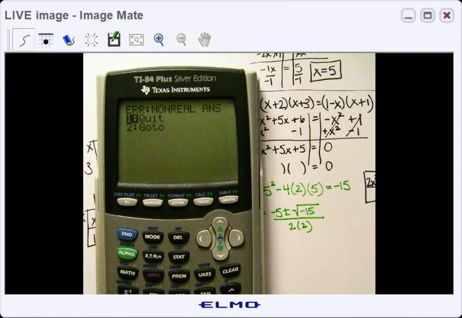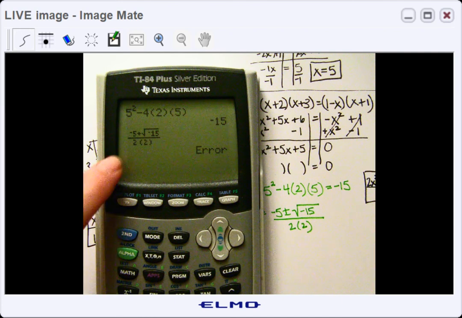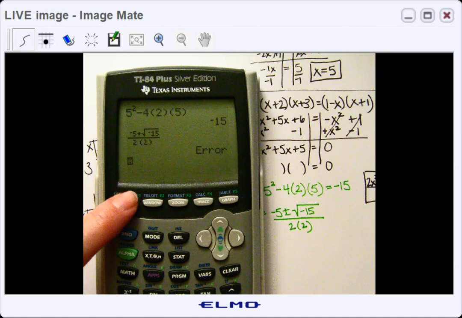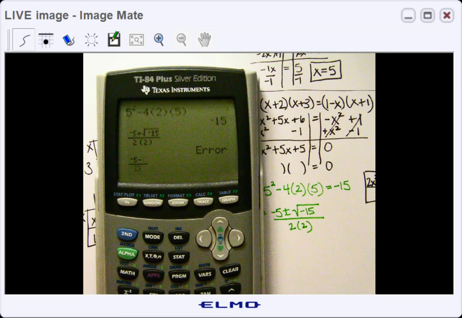Well, what if I subtract? Let's try subtracting because we already did plus, and it's plus or minus, so you do it 2 times. Actually, alpha y equals enter. Negative 5 minus the square root of negative 15 over 2 times 2. I get an error message again.